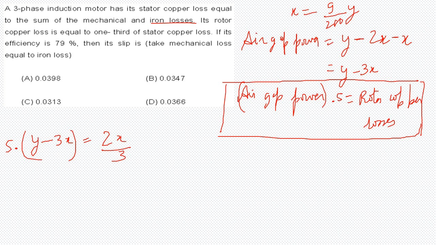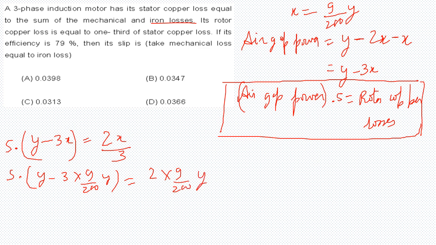So now you can simply put the value of x in terms of y. What you get is s times (y minus 3 into 9 by 200 y) equals 2 into 9 by 200 into y, divided by 3.